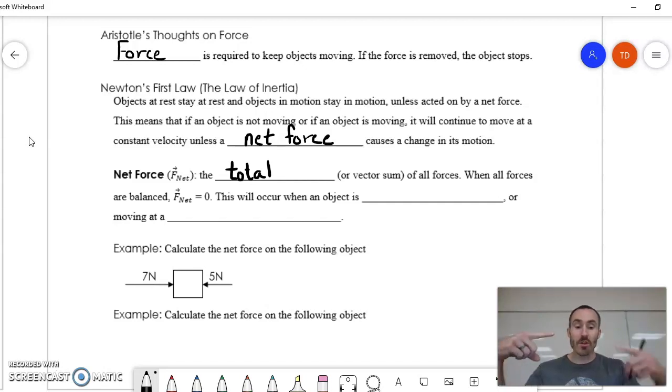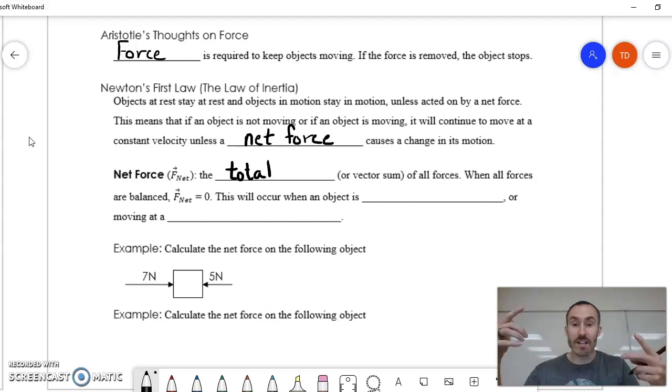So if two people are pushing on each other, one with 10 newtons and the other with 10 newtons the other way, it's not 20 newtons of force, it's a total of 0. So we have to add up the vectors.